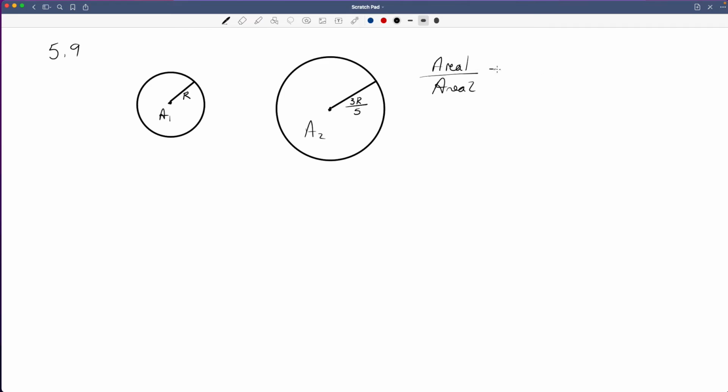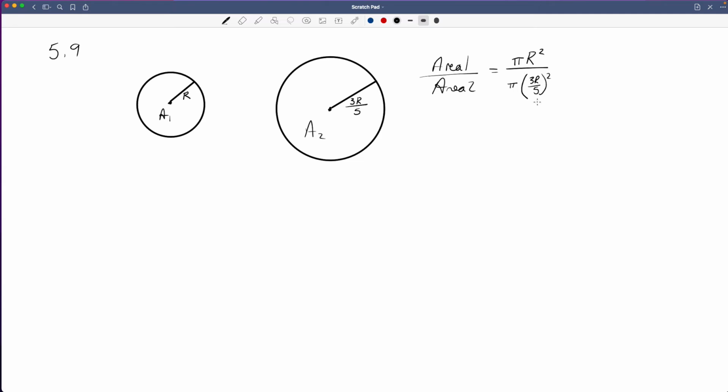All right, so now we're going to put in our formulas. Pi r squared, and the r for the first one is the capital R, and that is going to be squared, over the area of the second one, which the r is this. So it's going to be pi, and then 3r over 5 squared.